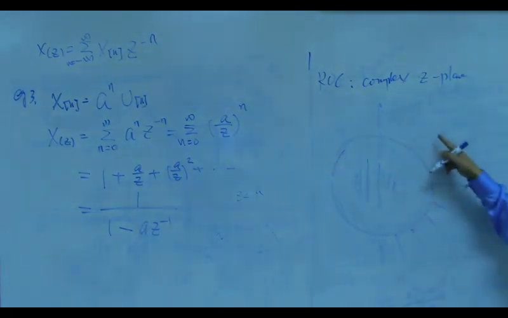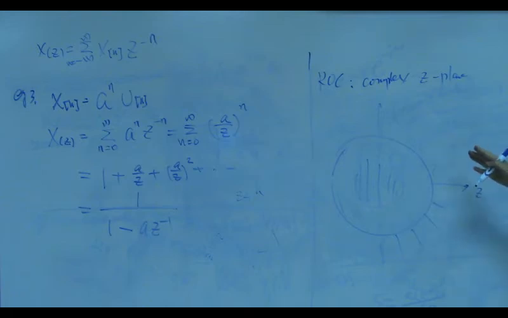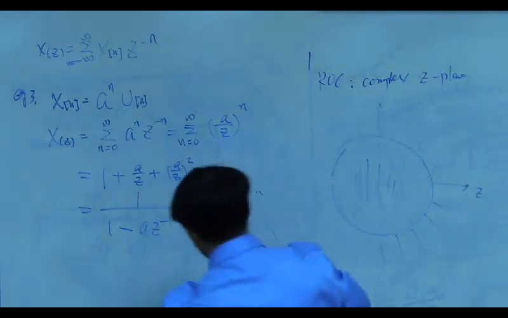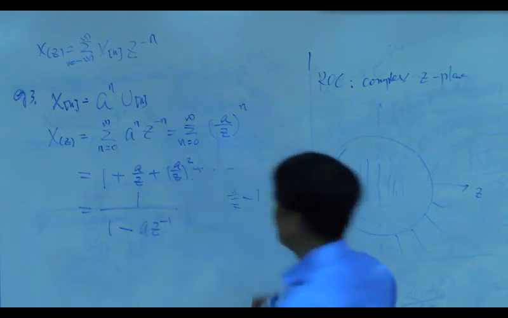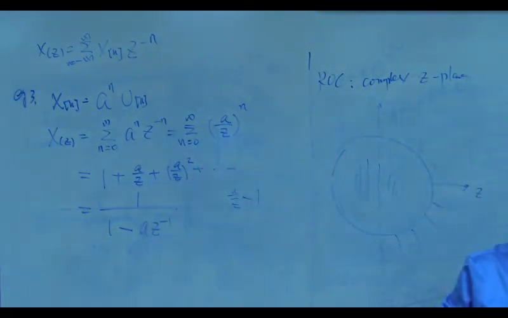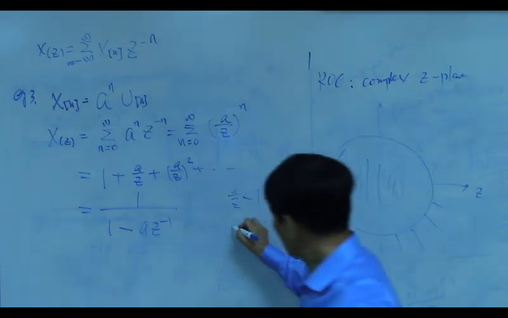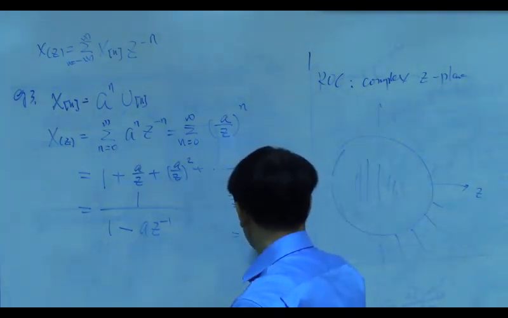So in this formula, again, we didn't mention this, so now you go back to your notes. For the formula for the infinite terms, the q must be less than 1 for the formula to converge. So here, that means a over z must be less than 1, or z is greater than a.